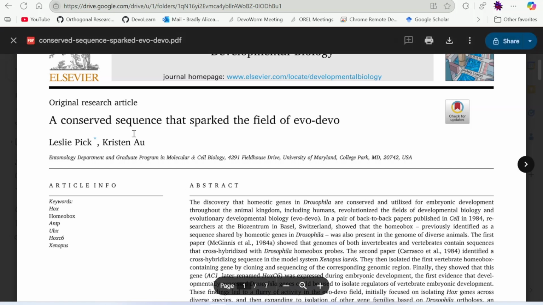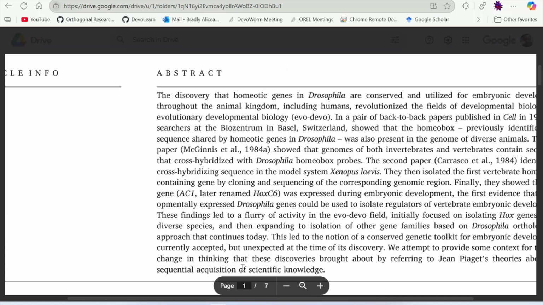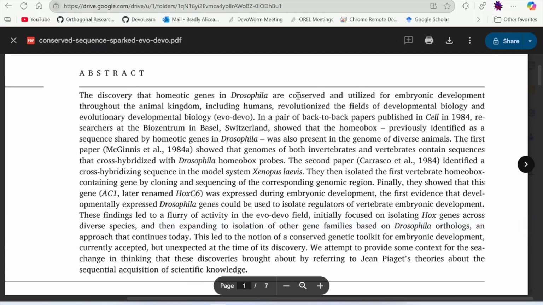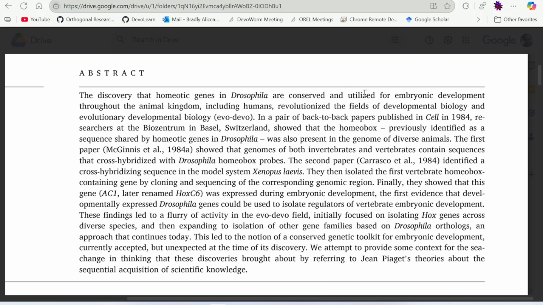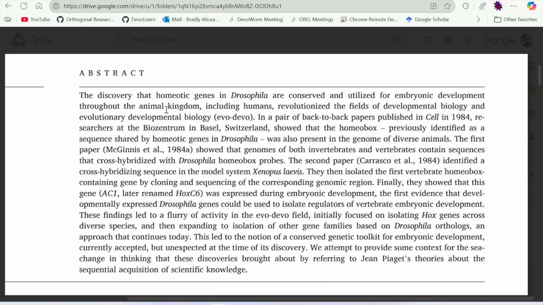This is a review article that leads to another original paper. This is a conserved sequence that sparked the field of EvoDevo. In the abstract of this paper, they talk about the homeotic genes in Drosophila, that these homeotic genes are conserved and utilized for embryonic development throughout the animal kingdom, so not just in insects or in Drosophila species, but also in humans and all throughout the animal kingdom.